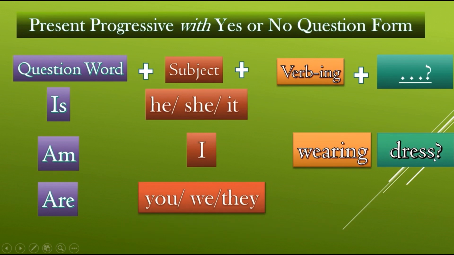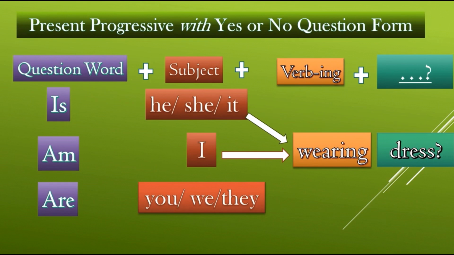So for example, is she wearing a dress? Is he wearing a dress? Is it wearing a dress? This is the question form. How about am? Am I?